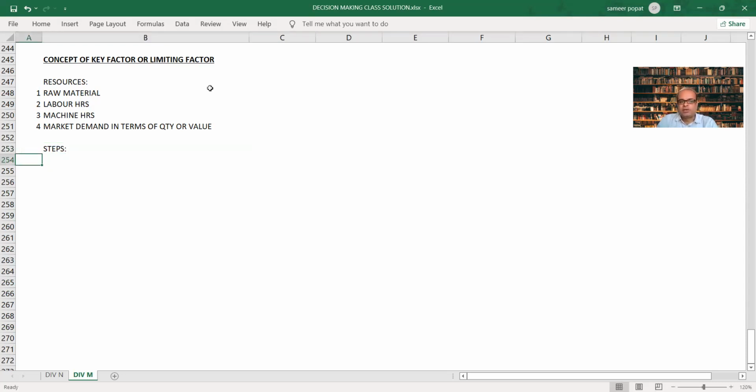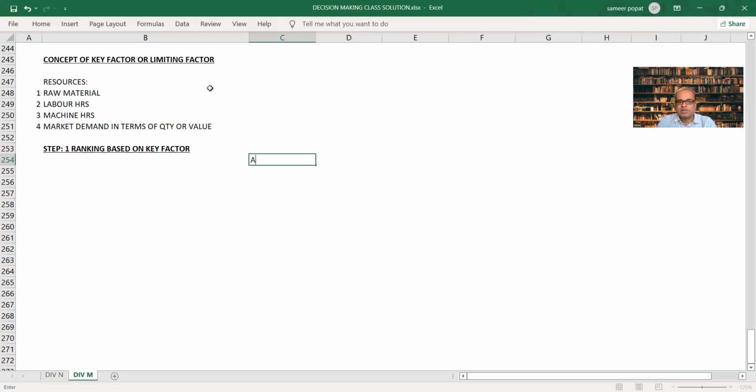Step number 1 is to give ranking based on key factor. Let us understand that.